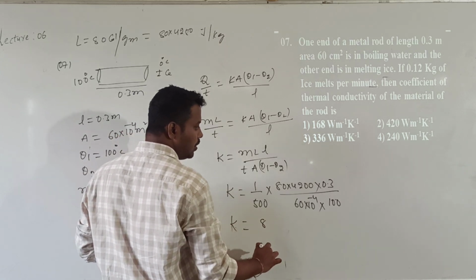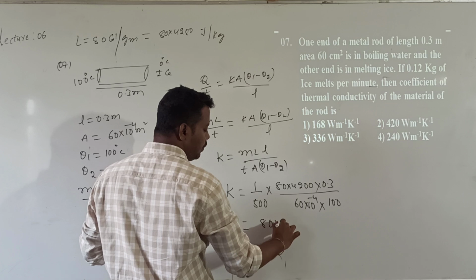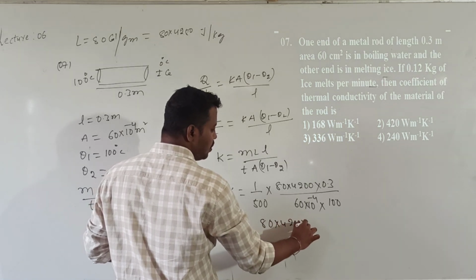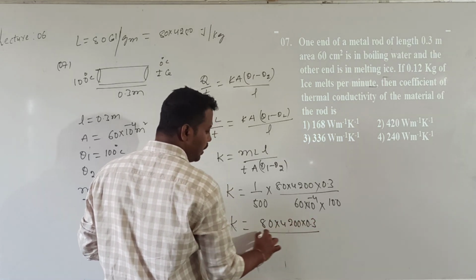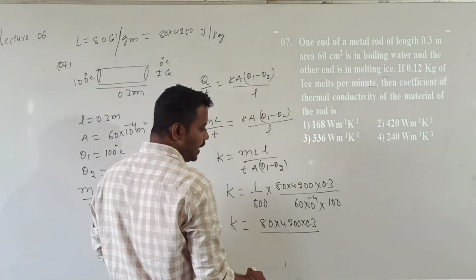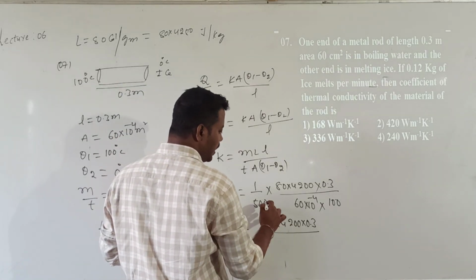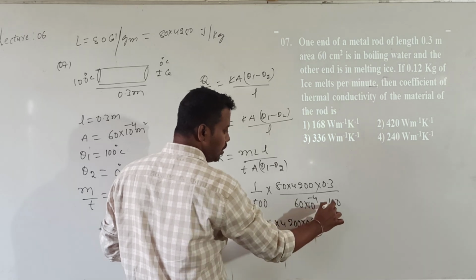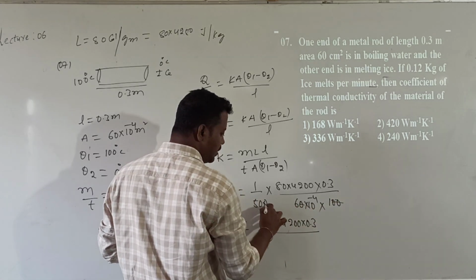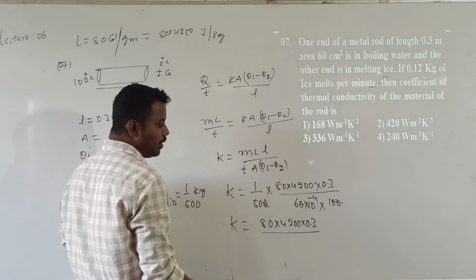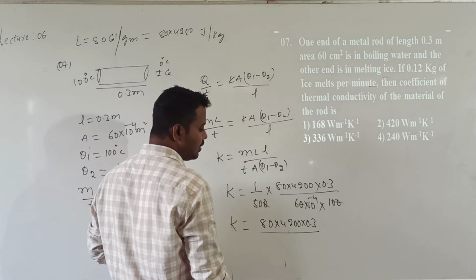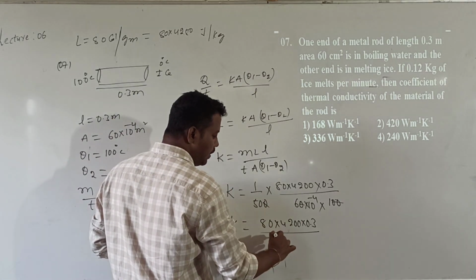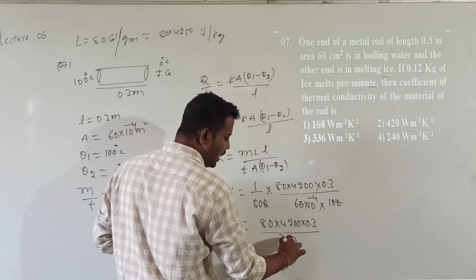K is equal to 80 into 4200 into 0.3 divided by how much? So in the denominator, how many zeros are there? Here 2 zeros, here 1 zero, here 1 zero. The total is 10 power minus 4, or 10 power minus 4 balance. So 50 into 6, 5 3s are 30, I'll get 300.